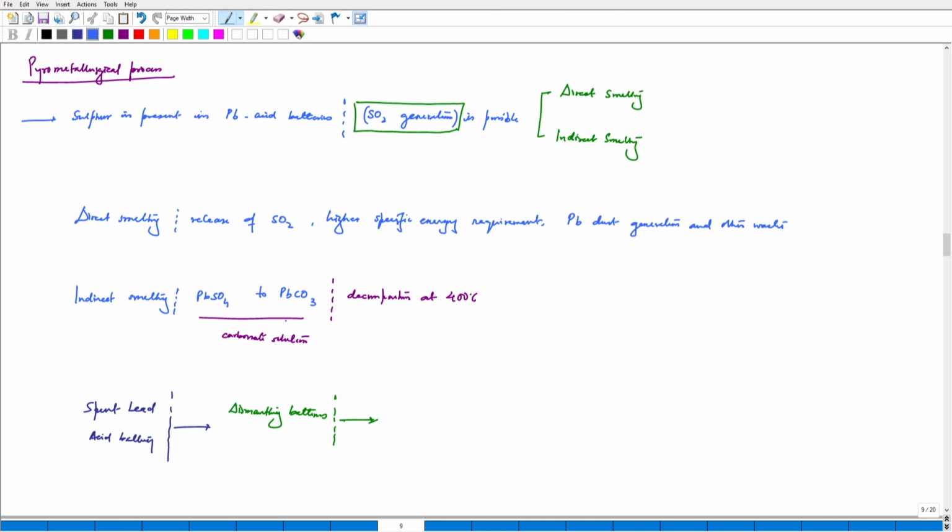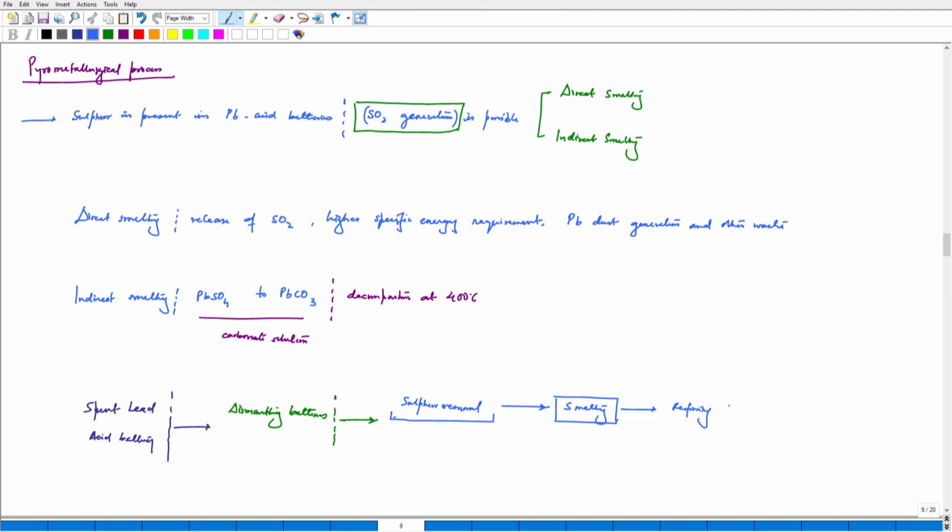Then again we go for sulfur removal. This means we have done this process, and then we can go for smelting. Now smelting can be followed by refining.